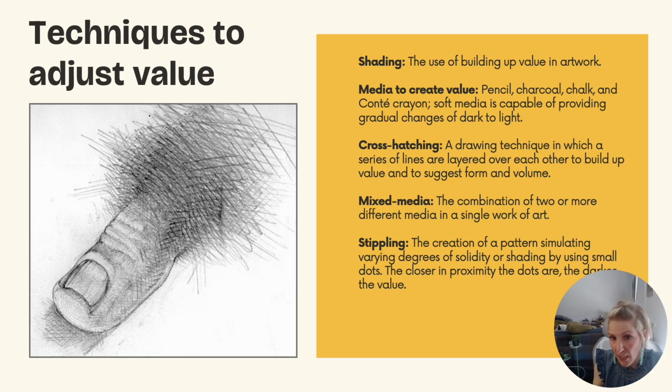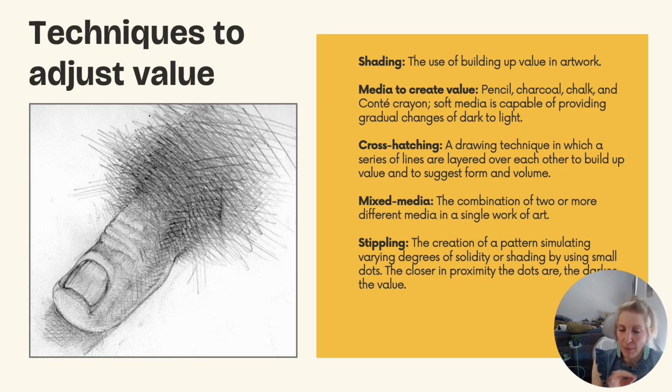Now there are different media used to create value: pencil, charcoal, chalk, Conte, crayons, and different types of pastels. And these soft media are capable of providing gradual changes. You can build upon themselves from dark to light.